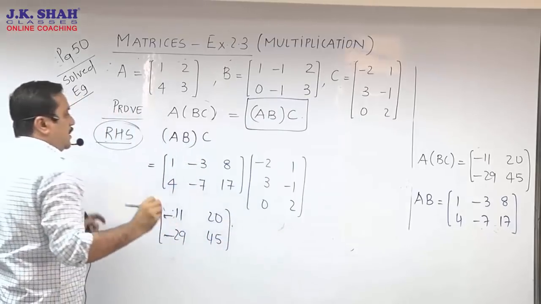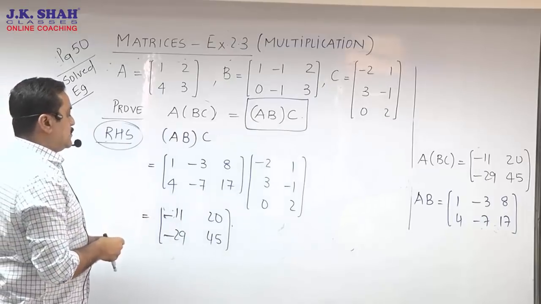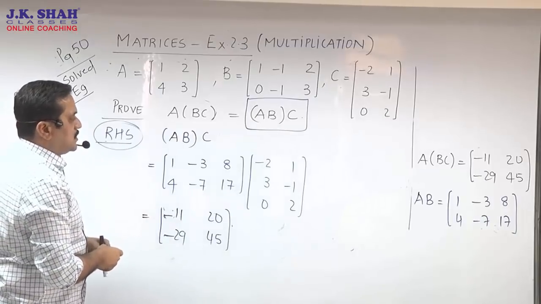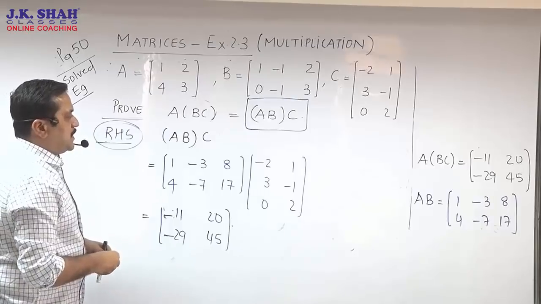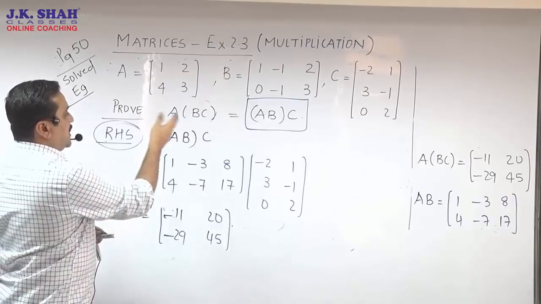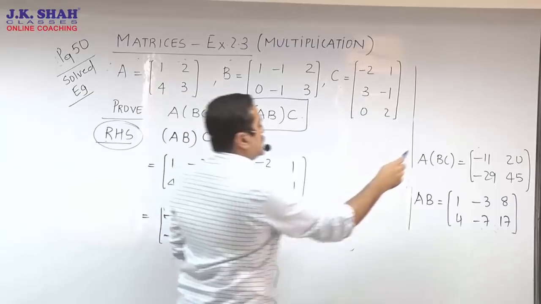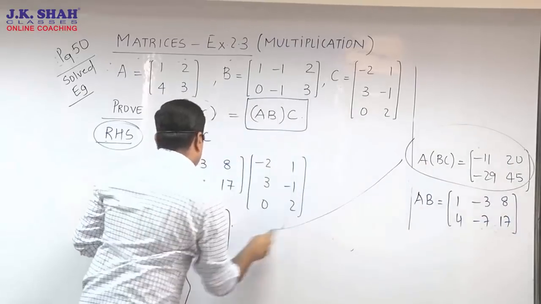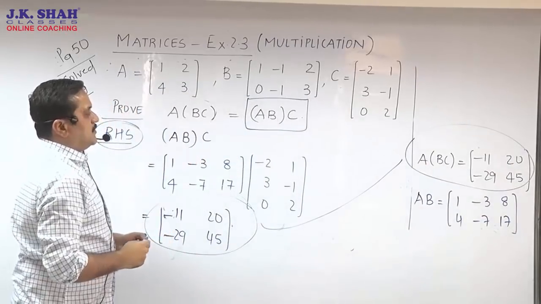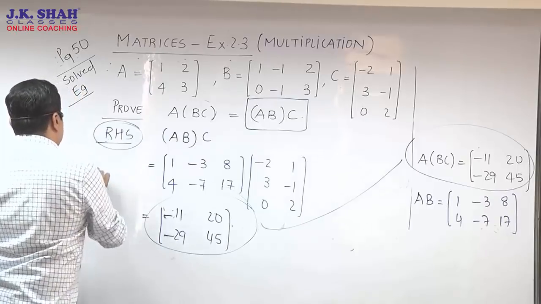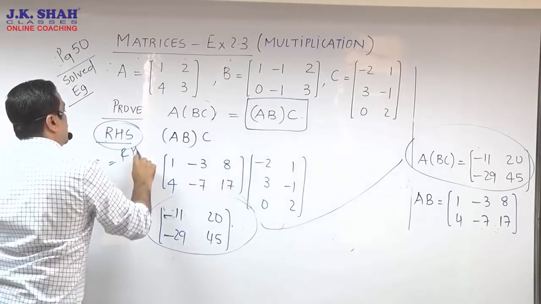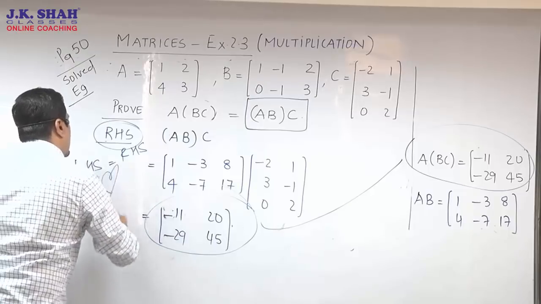A lot of relief is felt when you happen to see such a long solution with so many tricky multiplications. Your answer of A into BC over there, as you can all see, is matching with this answer. So with a big heart, we need to write LHS is equal to RHS with love.